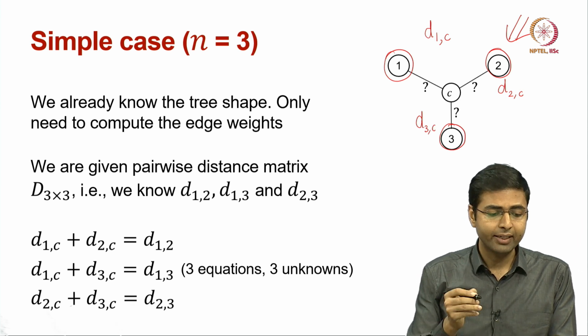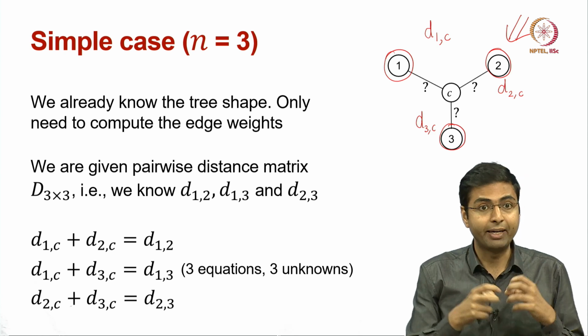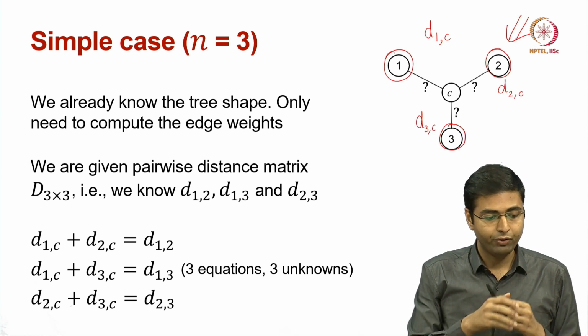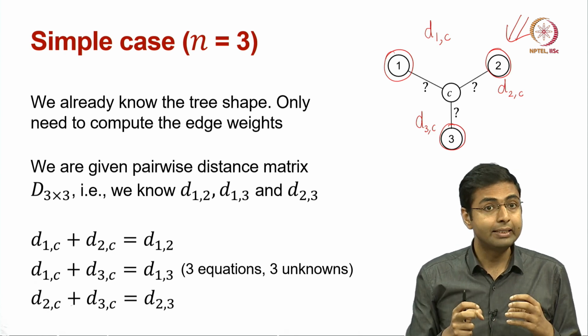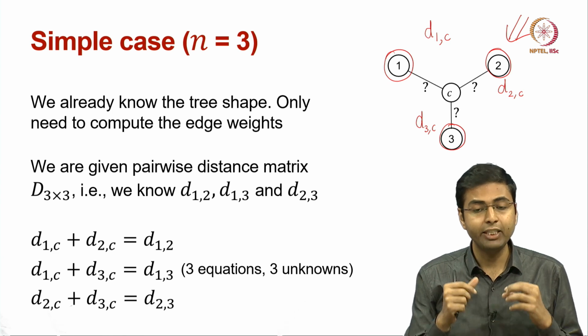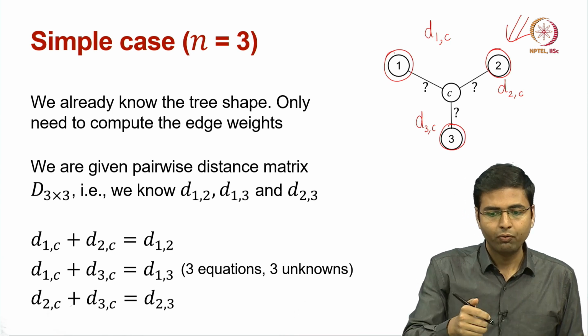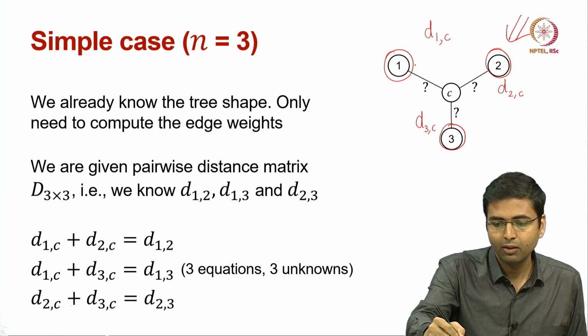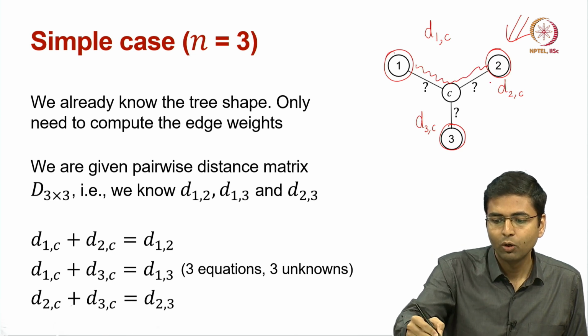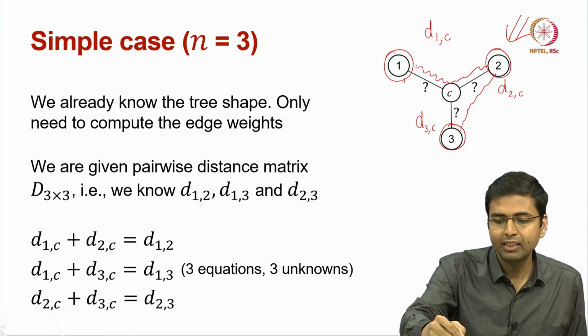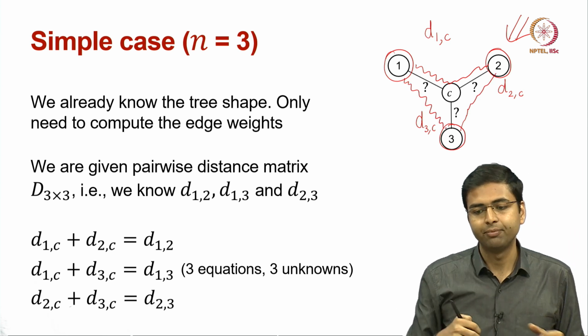And obviously we are given as input the pairwise distance matrix. So we know the pairwise distances between these 3 objects or these 3 taxa. So we know the distance between D1 and 2, we know the distance between D2 and 3, and we know the distance between D1 and 3.